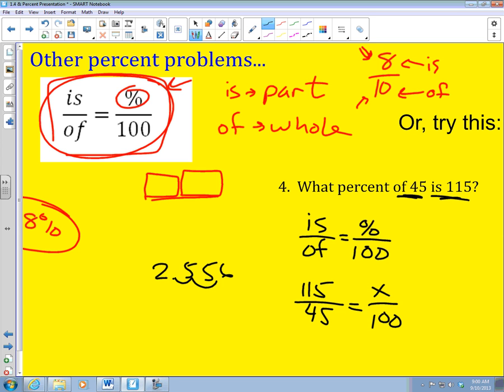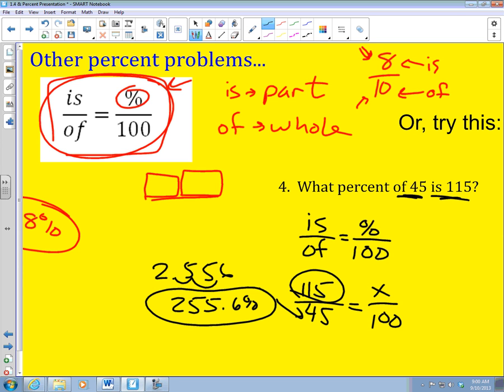Moving my decimal over 2 places, I'm going to get 255.6%. So it's a very high percentage. Well, 115 is more than 45. 255% more. So that's how that problem works.